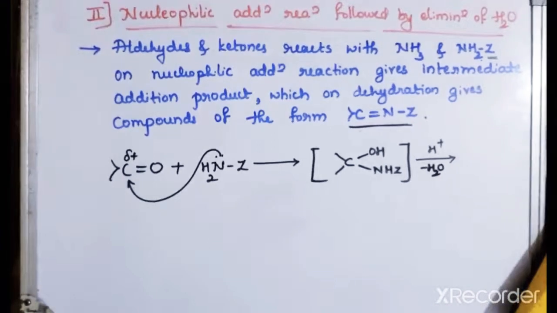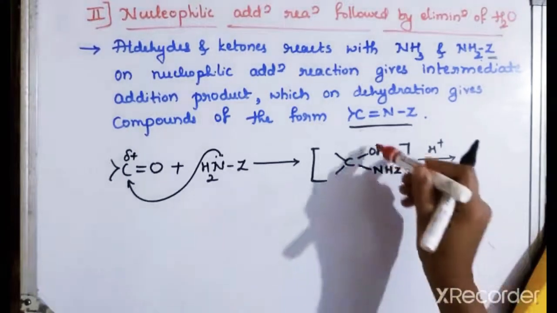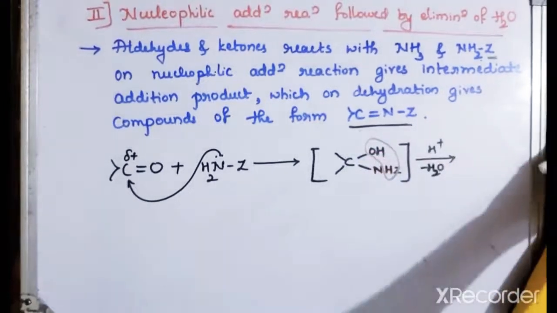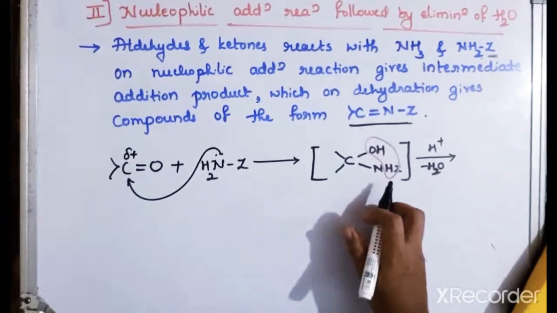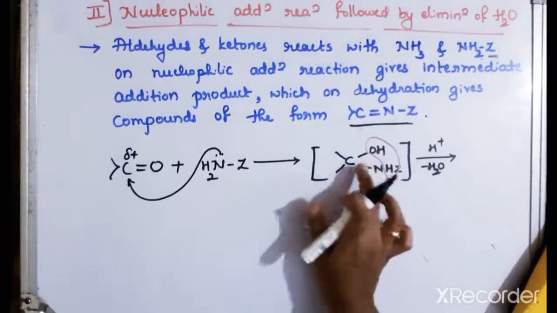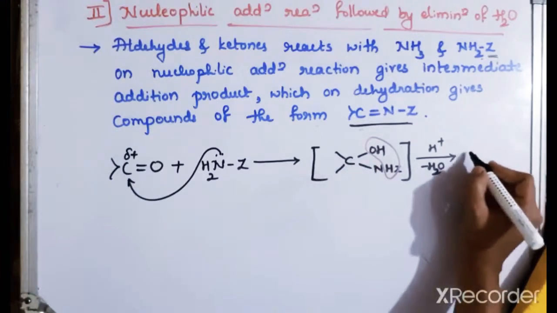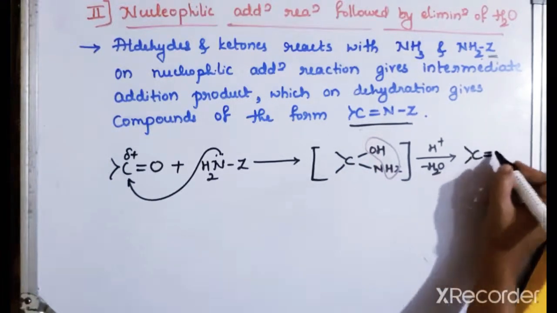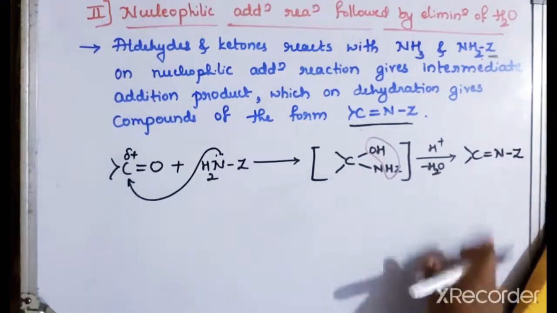So when water is eliminated, there is a formation of a carbon double bond nitrogen. Carbon will have only 3 bonds, so the remaining valency is satisfied with the nitrogen, forming a double bond with the nitrogen, and the Z group is retained on the nitrogen.